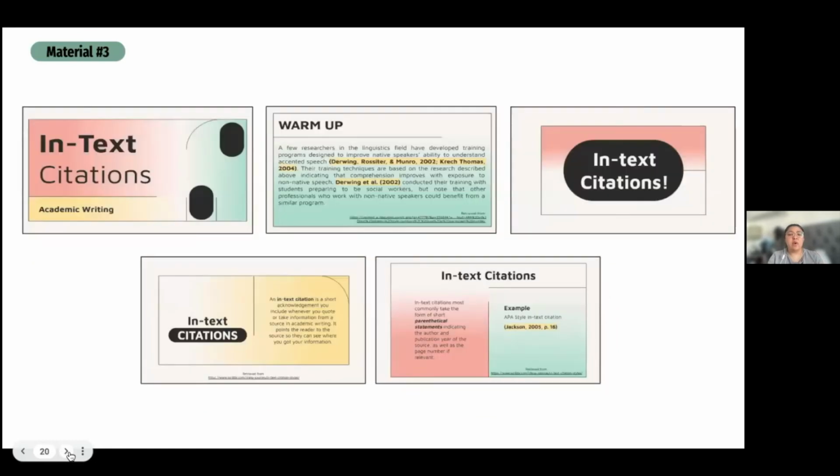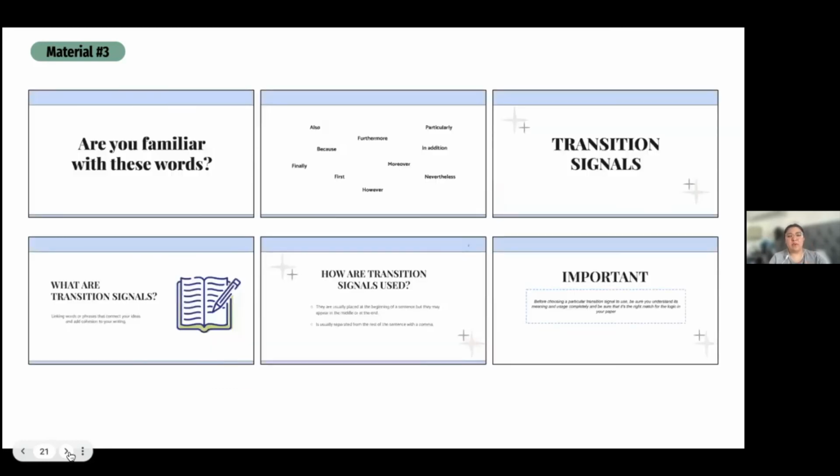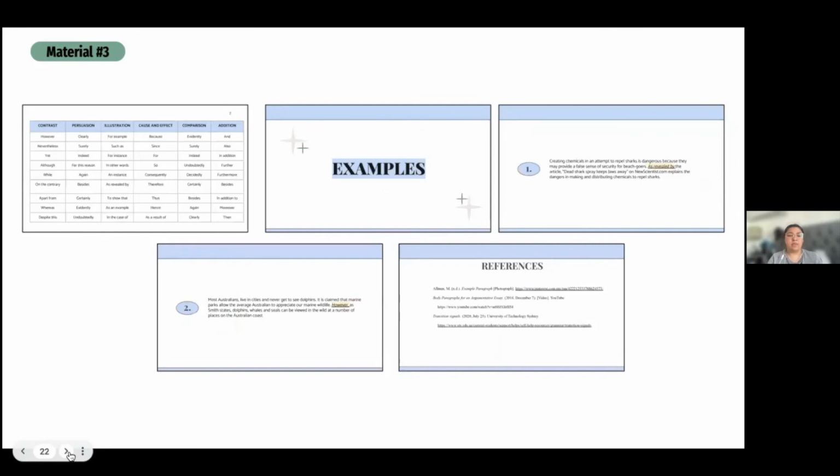And with that, we need to introduce in-text citations. This is going to help them to support their thesis statements, because we know sometimes it can be difficult to use them. And finally, they're going to learn what transition signals are, how to use them, the importance of using them, and we are going to show them different types of transition words they can use and some examples.